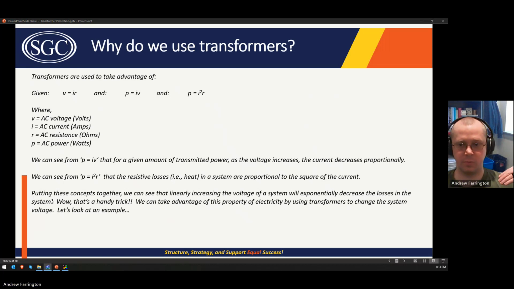That's a pretty cool thing about transformers, and that's basically the basis of why we have a transmission and distribution system.